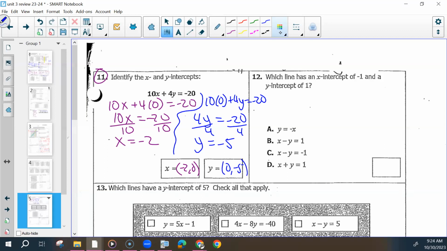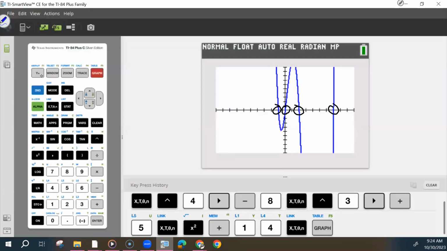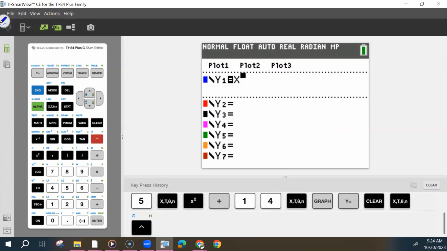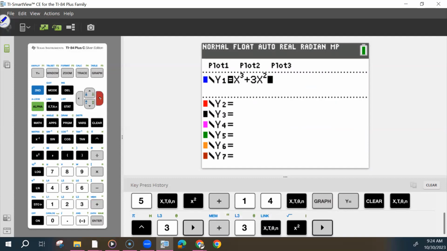Seventeen is another calculator one. So we can put this into our calculator. Back in y equals. Clear out whatever is there. And put x to the third, plus 3x squared, minus x, minus 3.